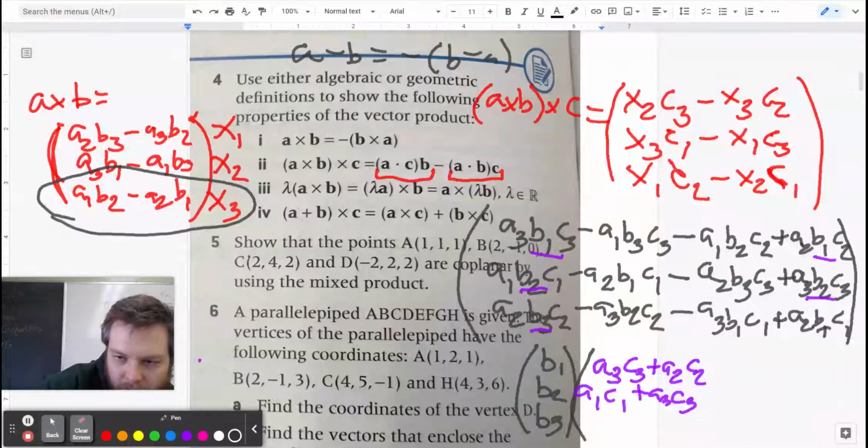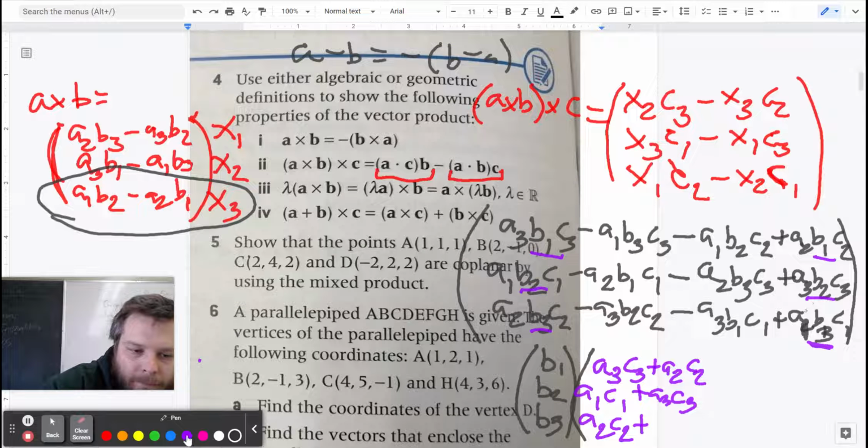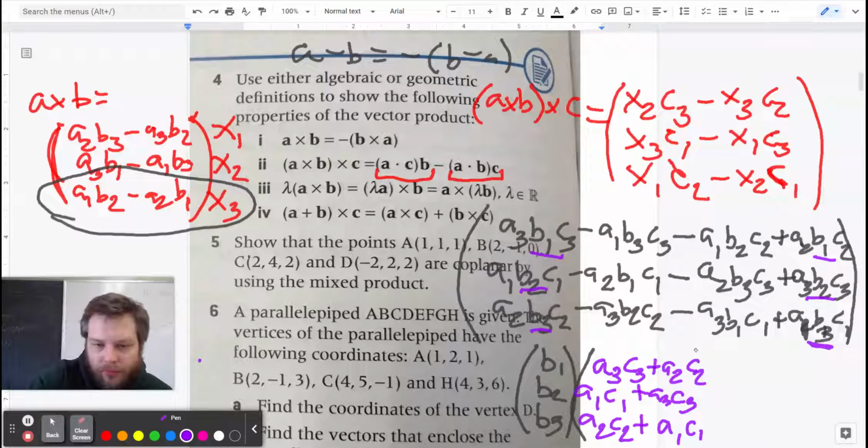Should have been b3. And so that's the other piece there. So I have a2c2 plus, this must be a1c1. And that looks pretty good.